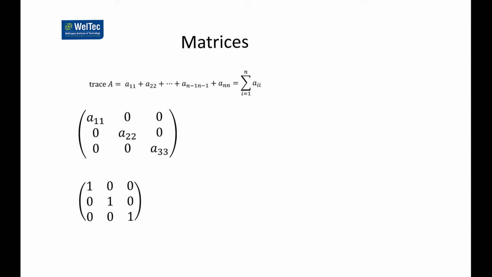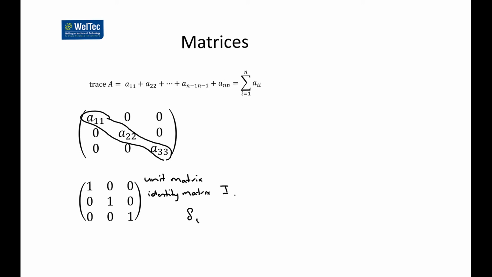And we talk about a diagonal matrix, where all except the leading diagonal, every other element is 0. We talk about the identity matrix or the unit matrix, and we'd use I for that. Sometimes we use a bit of notation, the Kronecker delta symbol.